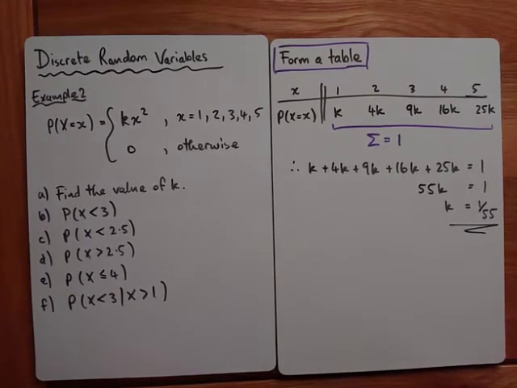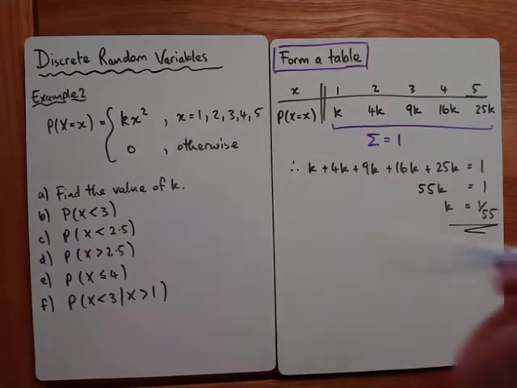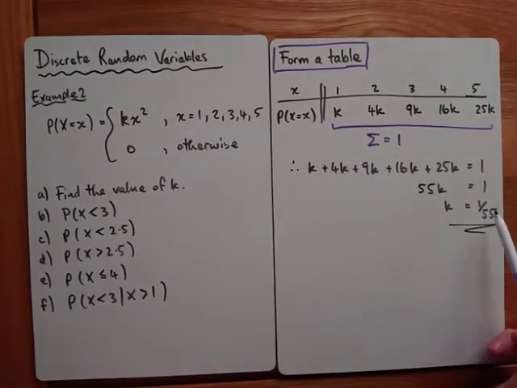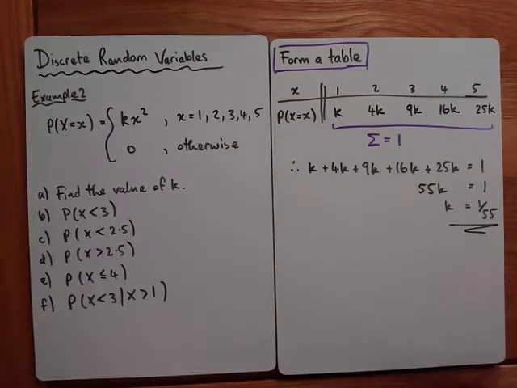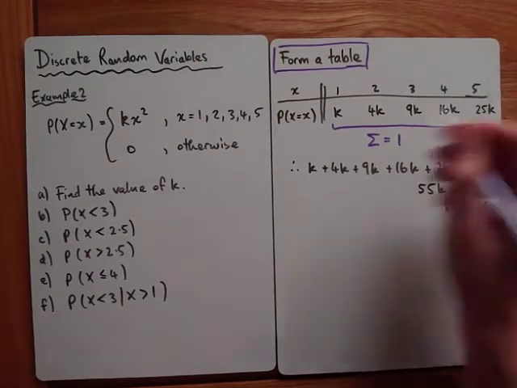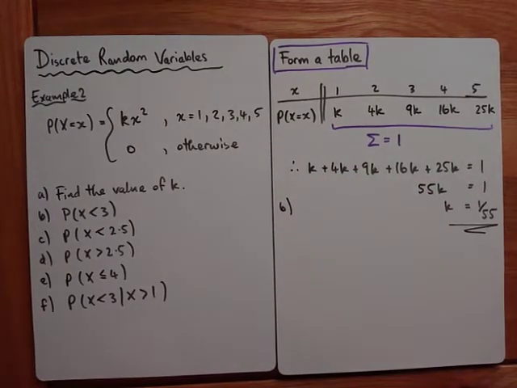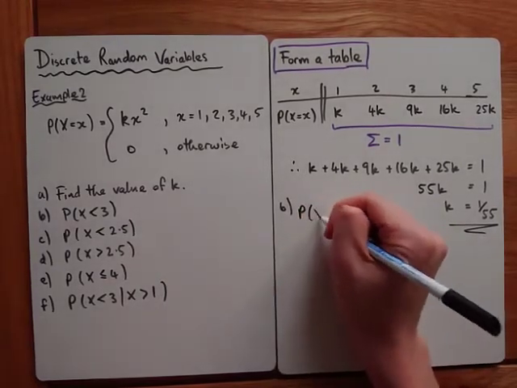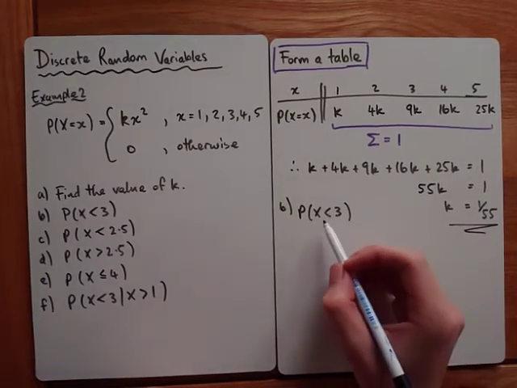Once we know the value of k, it might be useful to write these out again. So the probability of me getting a 1 would be 1 over 55. Probability of me getting a 2 would be 4 over 55, and so on. I'm not going to work them all out for now, we can work it out as we go. Say the probability that x is less than 3. Just think about it, what outcomes are less than 3?